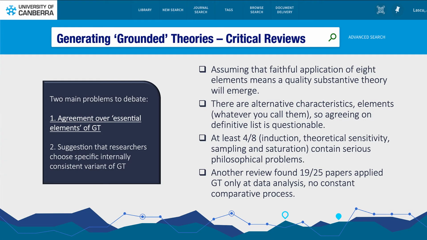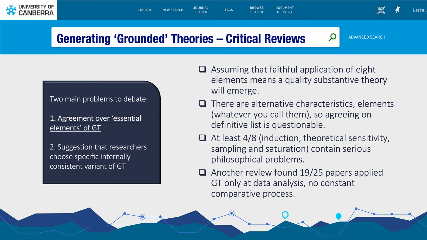So there were still 2 main problems to debate. The first being there was an agreement over the essential elements of grounded theory as a result of the 2 reviews, and the book didn't quite like that. It assumes that faithful application of 8 elements means a quality substantive theory emerges, and there are alternative characteristics, elements, whatever you want to call them.